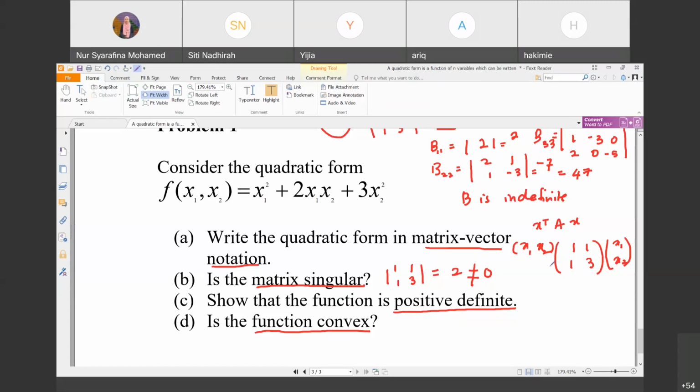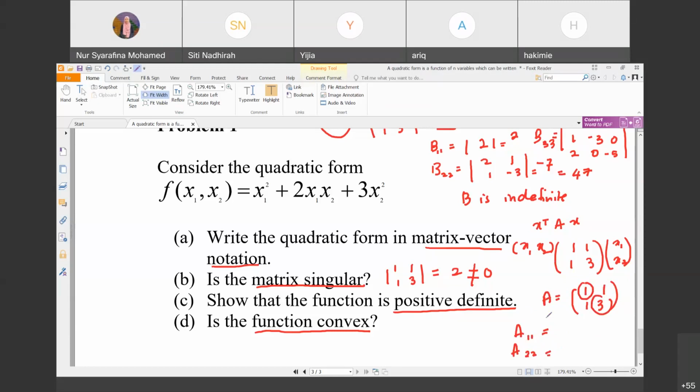So now show that the function is positive definite. We do that by showing its successive principal minors are all positive, right? So we have A equals 1, 1, 1, 3. Then you identify A11 and A22, because we have only a 2 by 2 matrix.